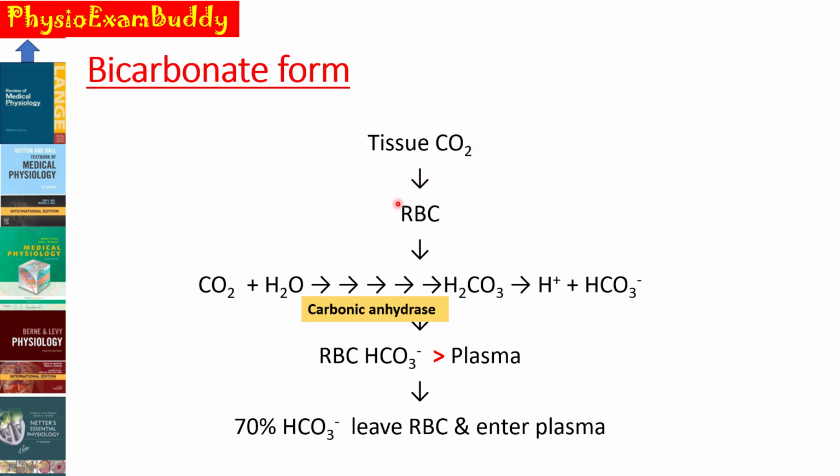At the tissue level, most of the carbon dioxide that enters the blood will diffuse into the RBCs. Inside the RBC, it is rapidly hydrated in the presence of the enzyme carbonic anhydrase to form H2CO3. But H2CO3 is a highly unstable compound, so it will soon dissociate into H plus and HCO3 minus. When the HCO3 content of the red blood cells becomes more than that of the plasma, about 70% of the bicarbonate will leave the RBC and enter the plasma.